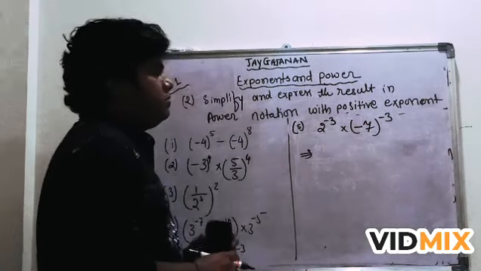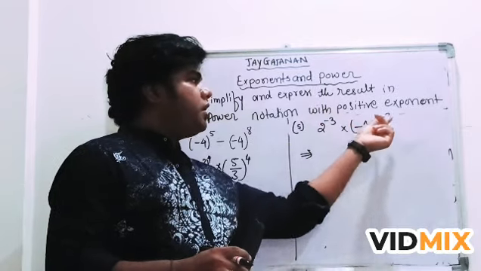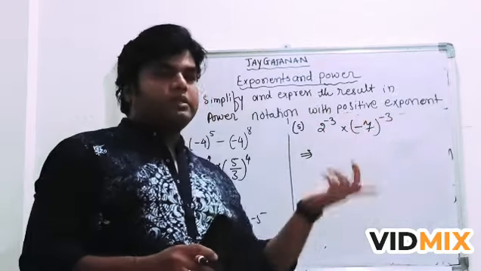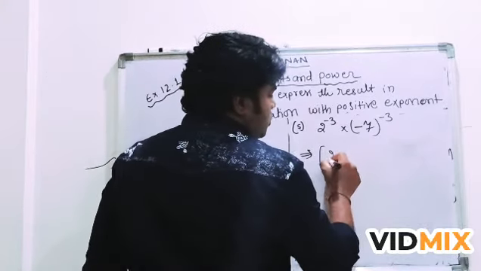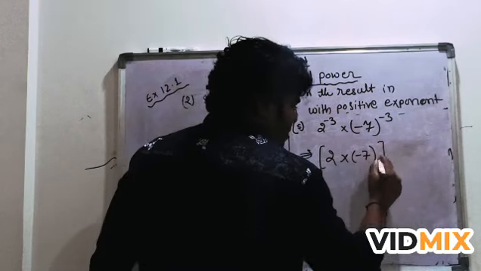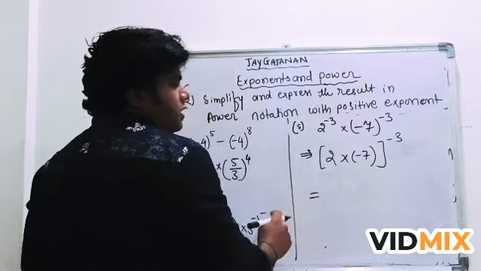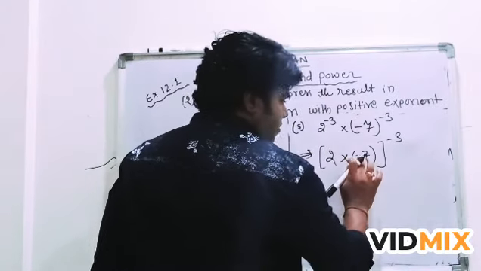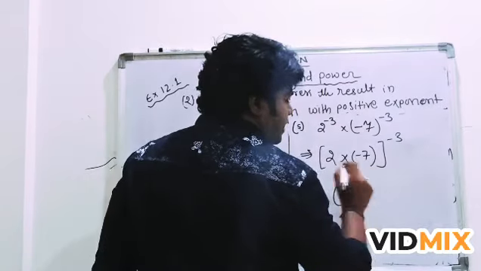Which identity are we going to use? a to the power m into b to the power m. The power is the same. In case the power is the same, bring both together: 2 multiplied by minus 7 in one bracket. The power is the same, so we wrote the same power. Now 2 sevens are 14, but the minus sign is there, so minus 14 to the power minus 3.